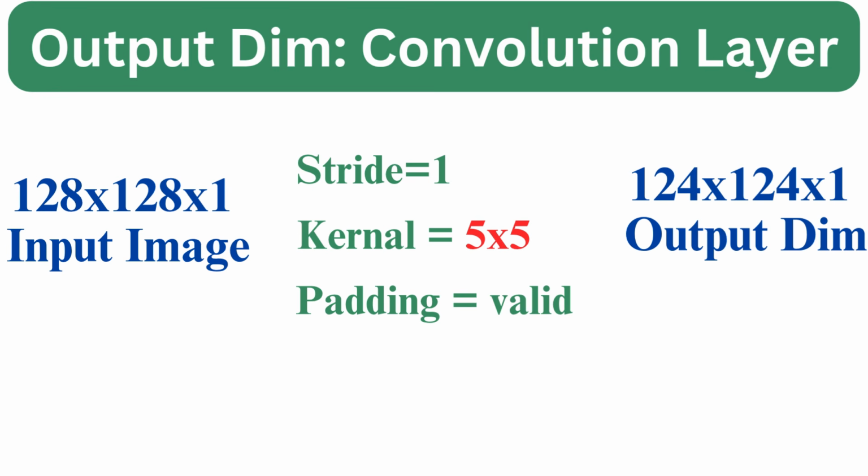If we increase the filter size from 3 by 3 to 5 by 5, the output feature map size will be reduced to 124 by 124, which indicates that when we increase the size of the filter, the output feature map reduces. Similarly, when we increase the stride size, the size of the output feature map reduces.